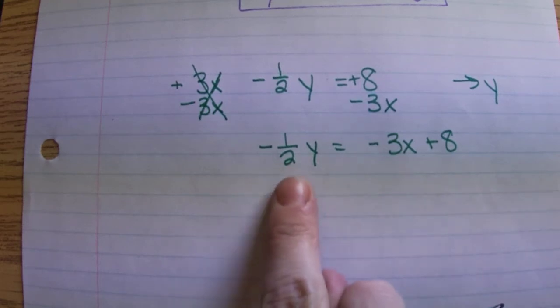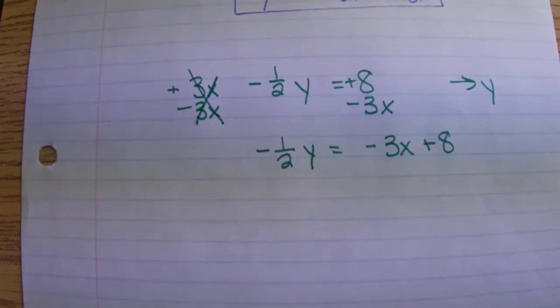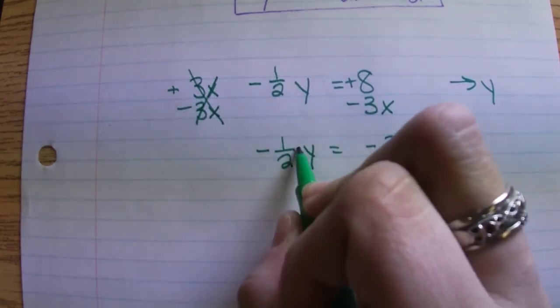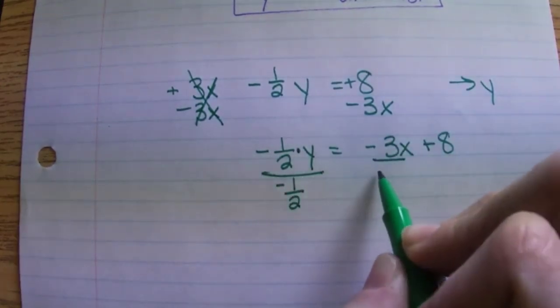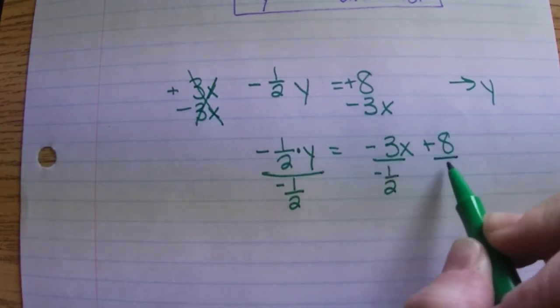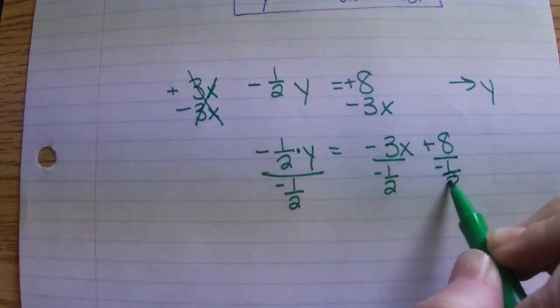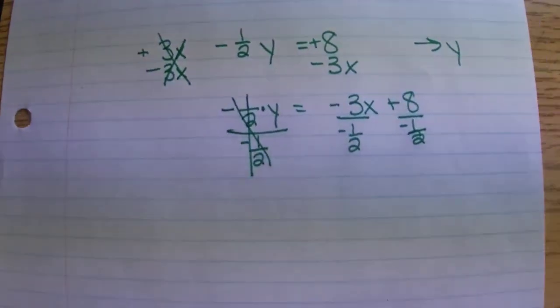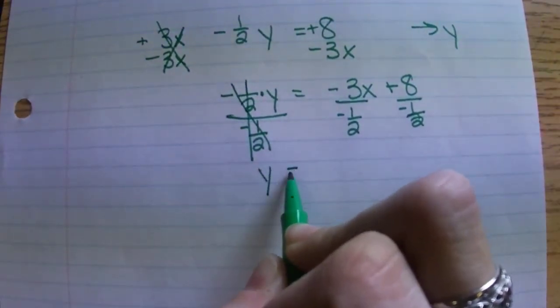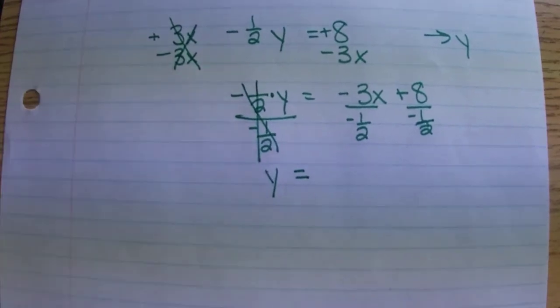And then I'm going to undo that negative 1/2. It's attached with multiplication, so I'm going to undo my multiplication with division, and again, I'm going to divide in all 3 places. So our negative 1/2s cancel out.